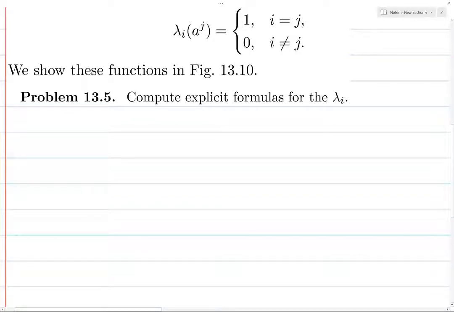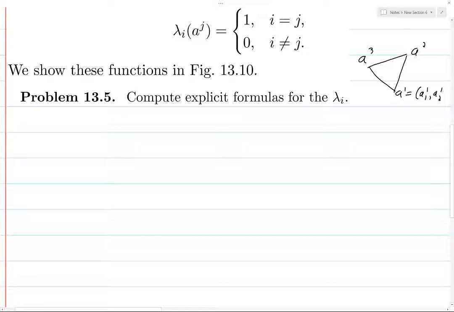Alright, so we've got these functions lambda i, and we want to find formulas for them. Again, we've got this triangular domain that we're looking at, and we've got a1, a2, a3. These aren't exponents, these are just indices. The reason we're using that is because this is in 2 dimensions, so we need a1, a2.